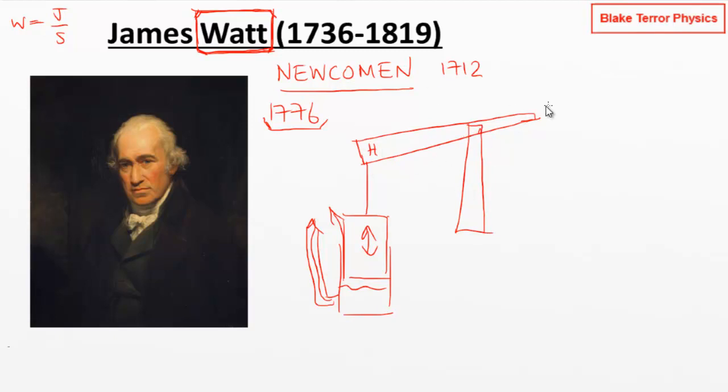So if we can push down the right hand end, the left hand end goes up, you let it go, and then the heavy end drops down, it drives the piston, the plunger into the ground. So this is what we're trying to do. If we can attach the right hand end to an engine to do all of this, then great, we've got a machine that can pump stuff.